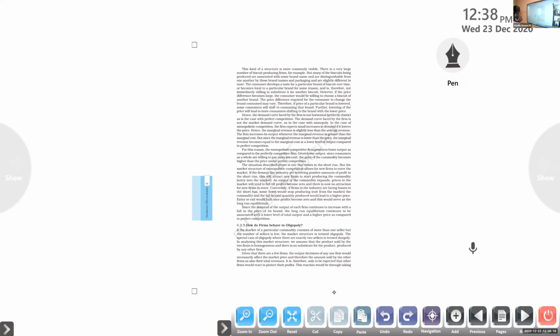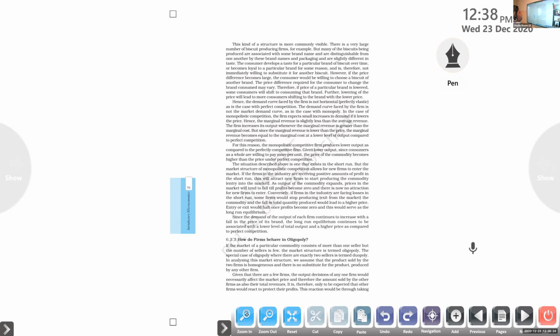There is a very large number of biscuit producing firms, for example, but many of these biscuits being produced are associated with some brand name and are distinguishable from one another by these brand names and packaging and are slightly different in taste. So we are able to find this monopolistic competition in our market condition.